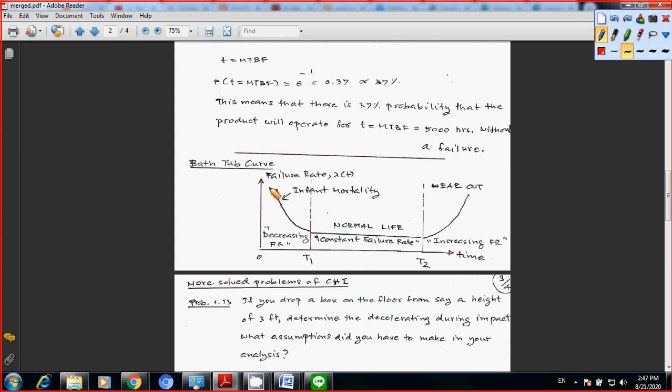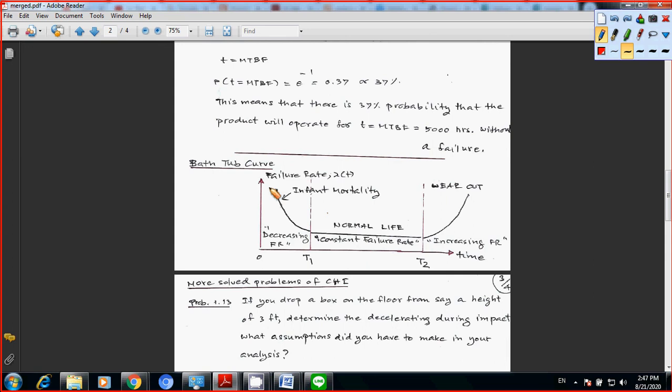When they fail, you replace them with good components. So your system failure rate is decreasing, right? Because you replaced the bad ones, or the failed components, with good components.